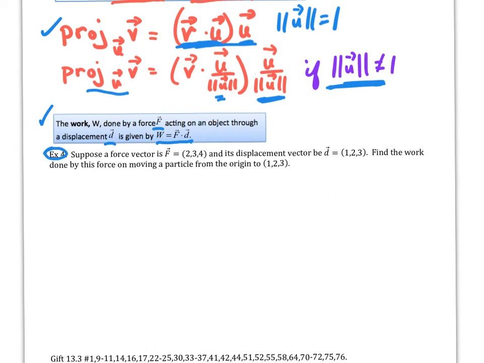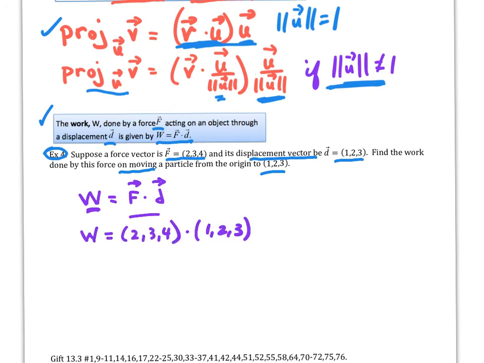Suppose that we have some force vector, and its displacement vector d is equal to (1, 2, 3). Find the work done by this force on moving a particle from the origin to that (1, 2, 3). So when I see work, I'm going to do the dot product of the force times that displacement. Notice again that W is a scalar. It's going to turn out to be a number.